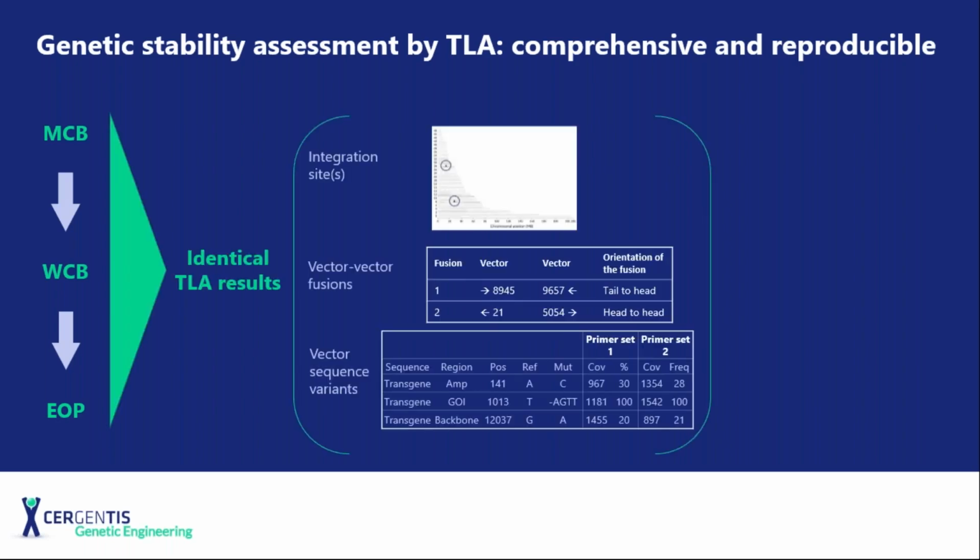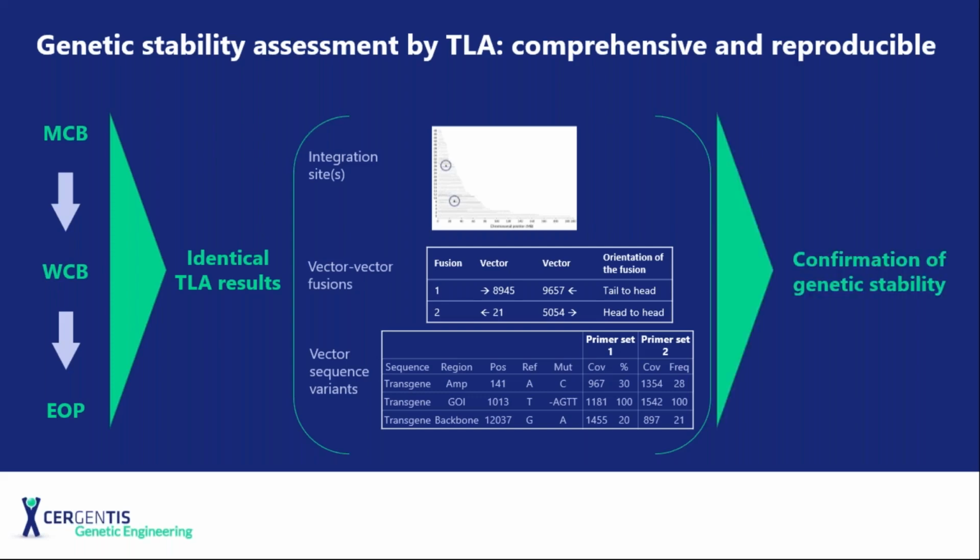And here we make use of the different methods we touched upon earlier in this presentation: the identification of integration sites, vector-vector fusions, and vector sequence variants. And we provide this data for all of the different steps in the manufacturing process to give a confirmation of the genetic stability.